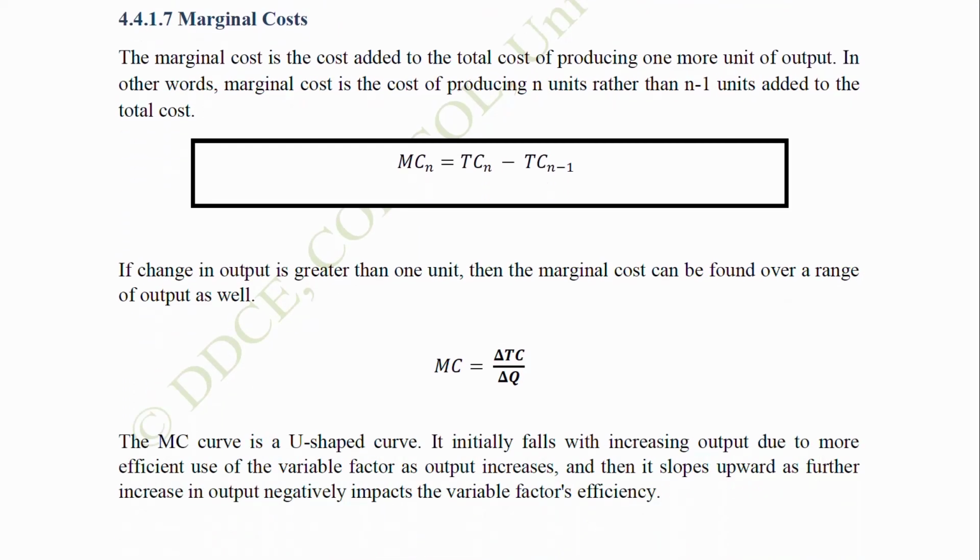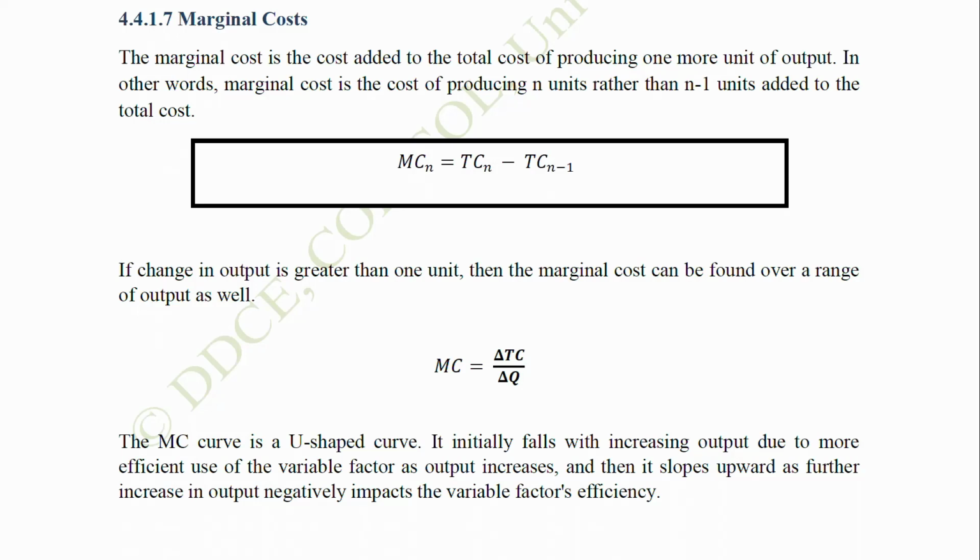4.4.1.7 Marginal cost. The marginal cost is the cost added to the total cost of producing one more unit of output. In other words, marginal cost is the cost of producing n units rather than n minus 1 units added to the total cost.